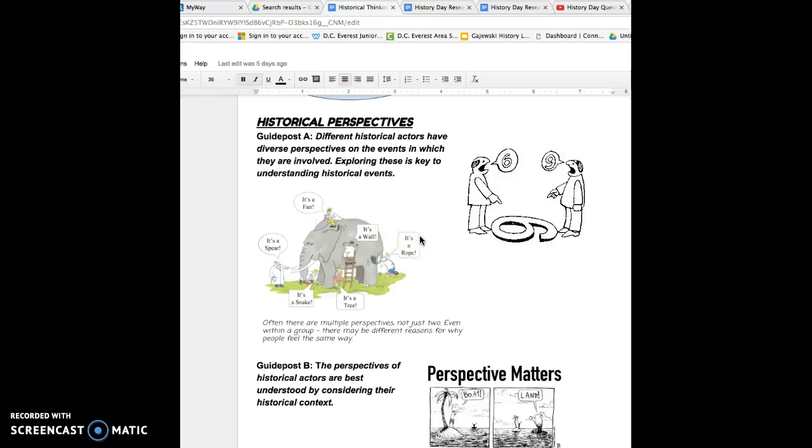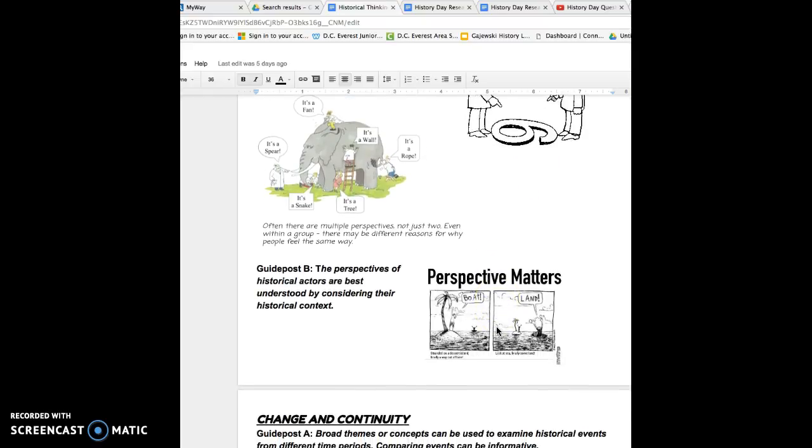There may be just two positions, but the reasons people have may be different. We see that with the Constitution, when they go to the states to get it ratified, and the Federalists have one position, they want to ratify it or pass it, and the Anti-Federalists have another. But even within those groups, there's different reasons as to why they have the position that they do.